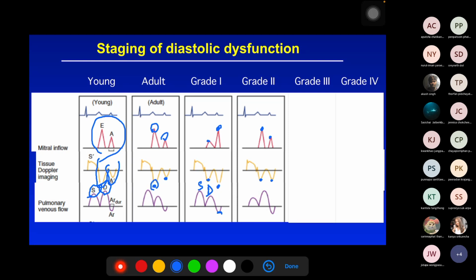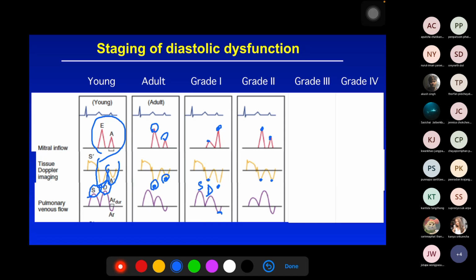You see, in grade 2 diastolic dysfunction, E prime and A prime are both decreased, but in the normal, E prime is over A prime. So if you see a patient who has a normal E over A ratio and the tissue Doppler shows E prime over A prime, this patient has normal diastolic function. But in grade 2, you see E over A, but on the tissue Doppler you might see both E prime and A prime decreased.